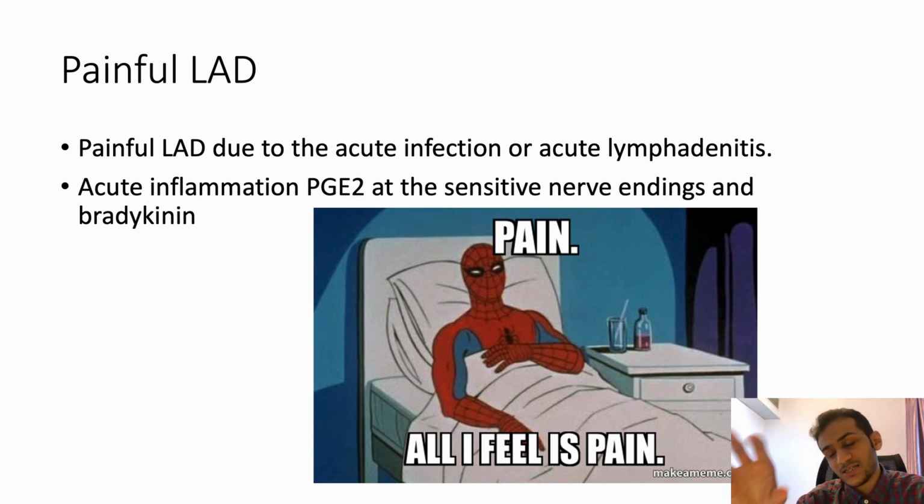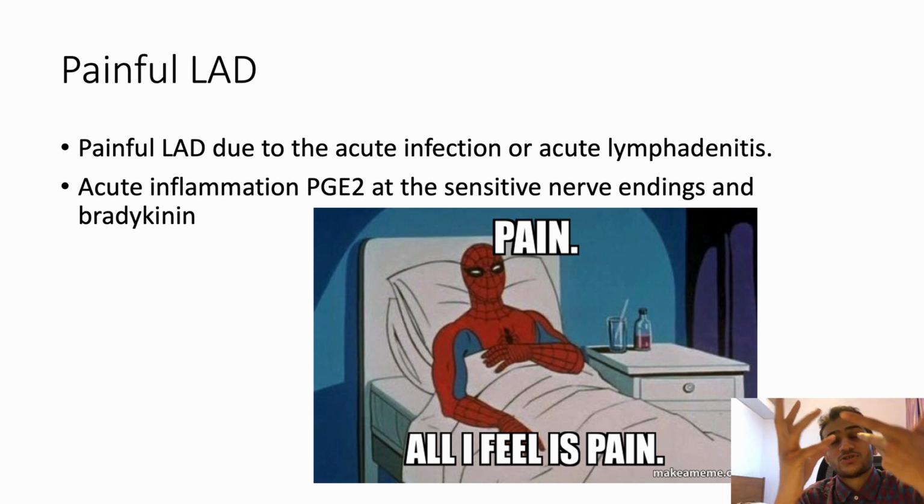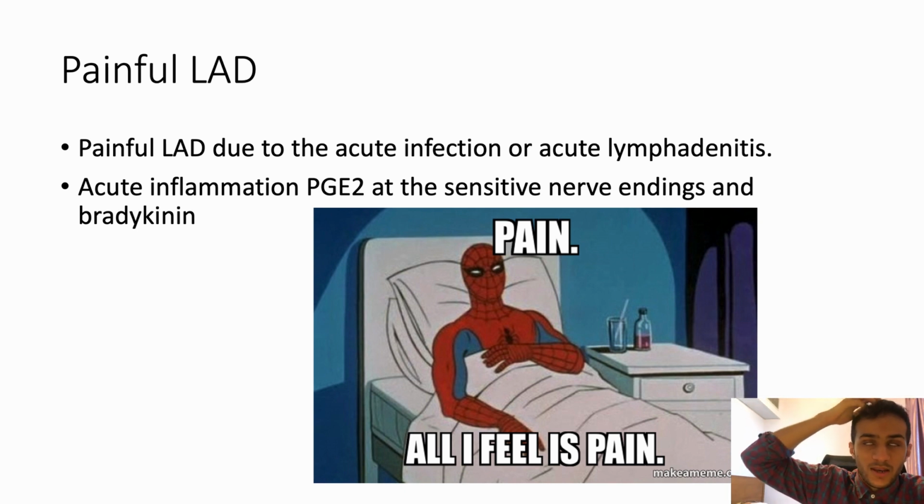Prostaglandin E2 sensitizes the nerve endings along with bradykinin. So whenever you have inflammation, for example due to infection, that inflammation produces prostaglandin E2 and bradykinin, which sensitize our nerves going to our brain, and that leads us to experience pain in our lymph nodes, in our chest, stomach, wherever. But that's the main end line.